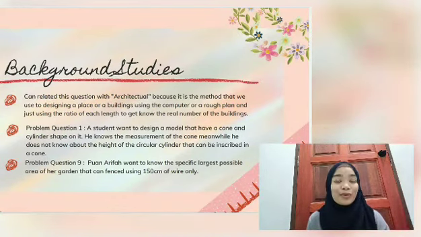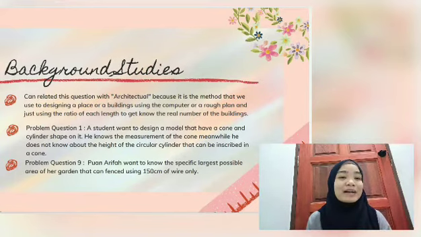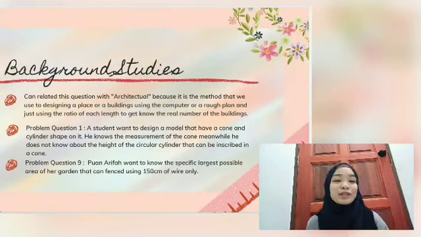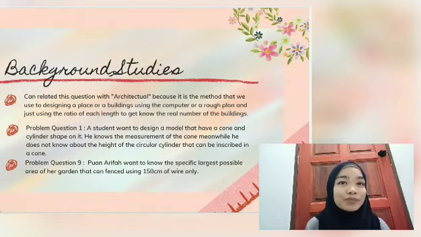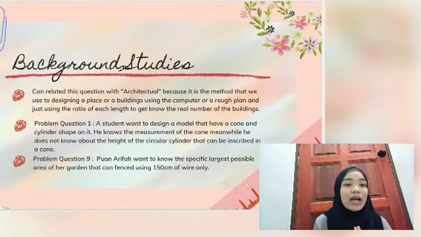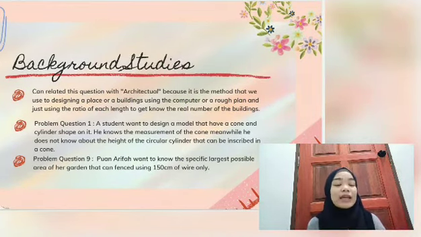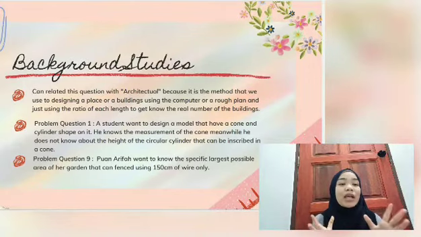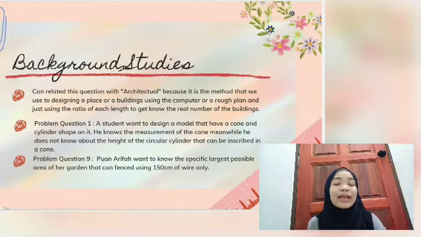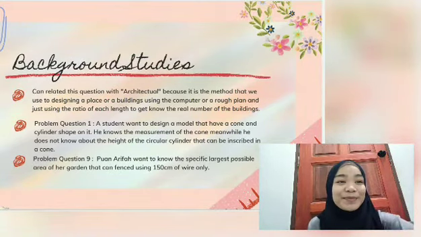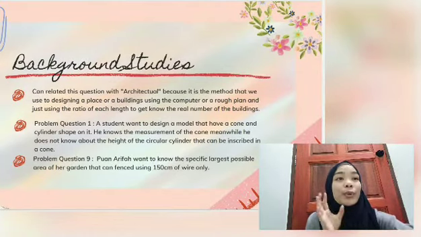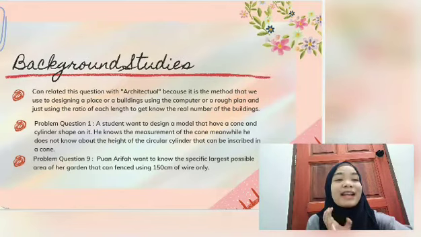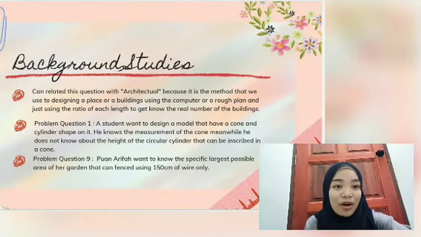He knows the measurement of the cone, but he does not know the height of the circular cylinder that he wants to make. From question number 1, the ratio of each length to make the model is very important, because if we make a mistake in the ratio, the real number in the real world can be mistaken too. So, we need the right significant figures in the measurement, because we want to make sure that the building that we build is very strong and safe.